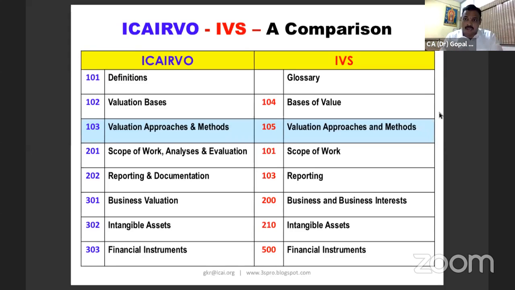But there are places where IVS supersedes ICA RVO, and there are other places where ICA RVO is much clearer and the prescription is better compared to the Indian scenario. So I'll try to focus on all.